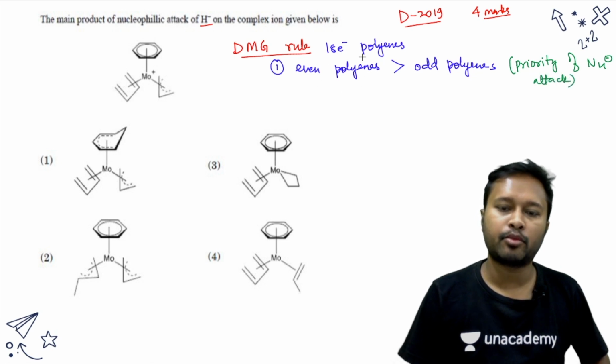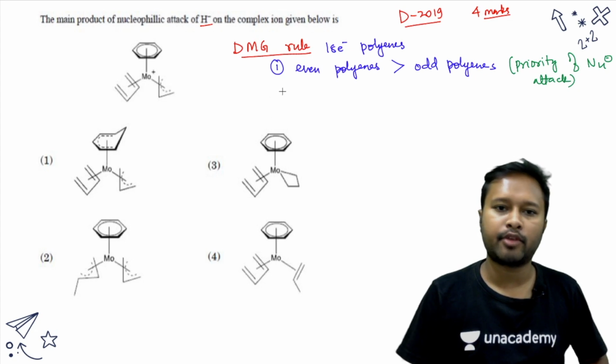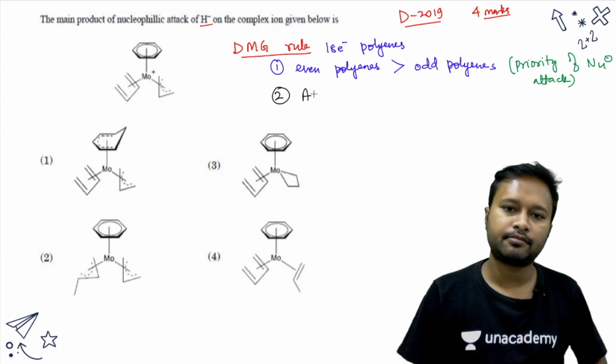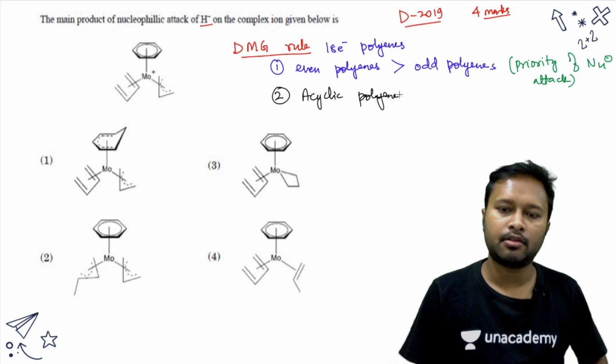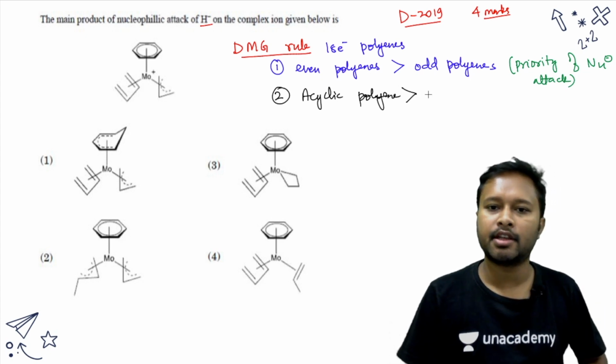You have to give more priority to the even polyenes. The second point of the DMG rule says that an acyclic polyene will undergo nucleophilic attack much faster as compared to a cyclic polyene.